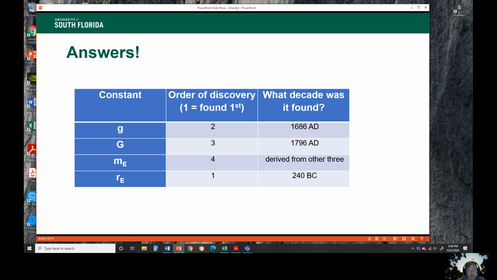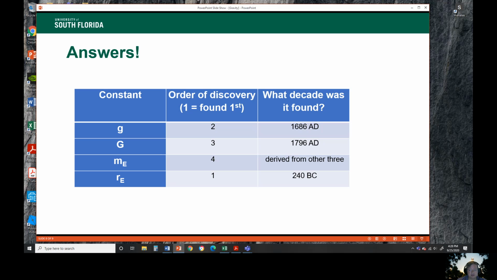The radius of the Earth was actually discovered in 240 BC. That was the first time that we had a fairly good estimation of the radius of the Earth. Little g was next, but that was pretty much 1900 years later.